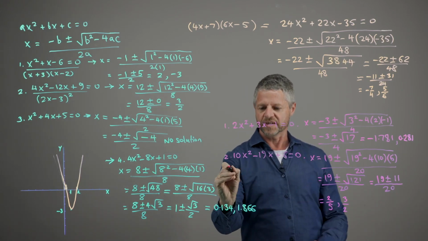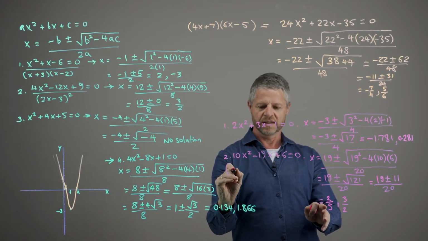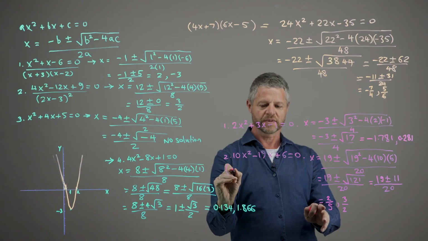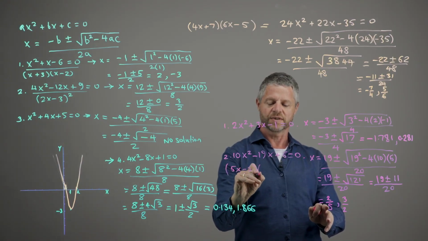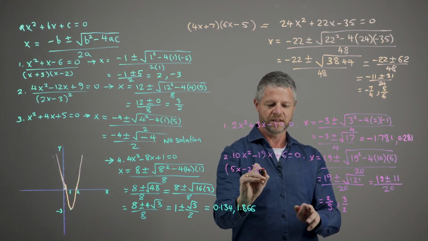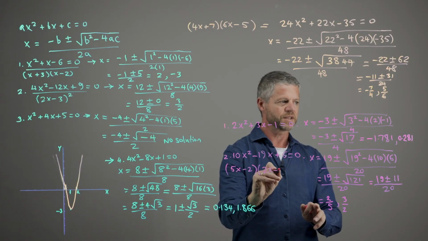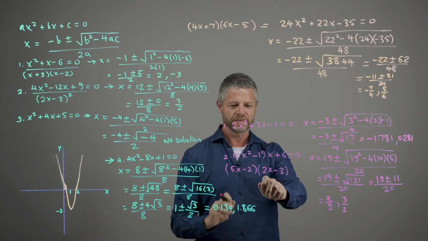So let's see what the factors are. One factor must be 5x minus 2. That would give us the 2/5. And then the other one must be 2x minus 3. That gives us the 3 over 2.